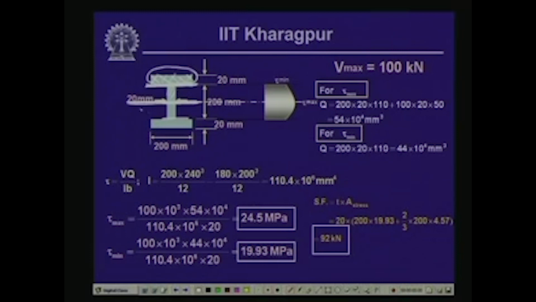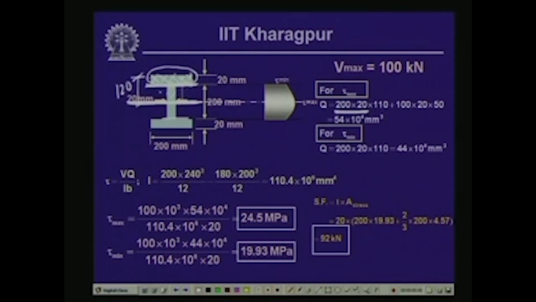Now, when we compute the shearing stress at this particular location, we have two rectangular components. One has width 200 multiplied by 20. So, 200 times 20 into the distance of its CG from the neutral axis. The distance of its CG from the top is 10, and from the top to the neutral axis is 120.